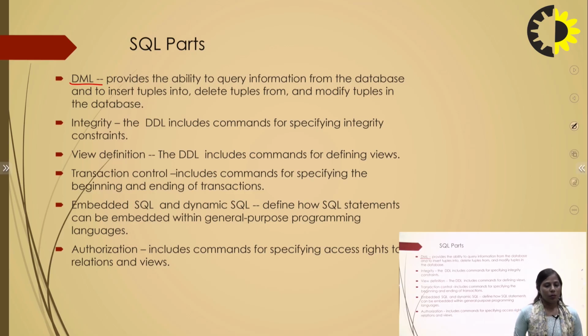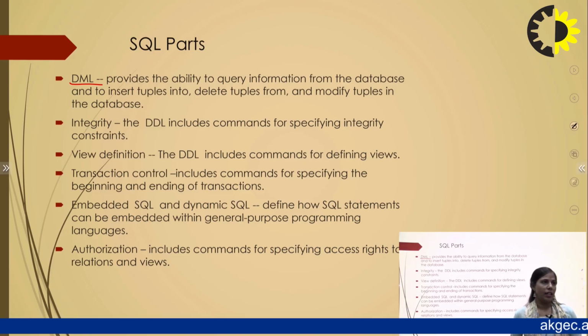It has various operations and commands, like inserting into the database. We can insert tuples, we can delete tuples, and also we can modify tuples. So these are three features, or many more, which can be used in the DML language. This is part of SQL only.